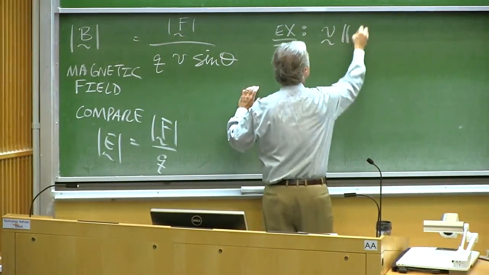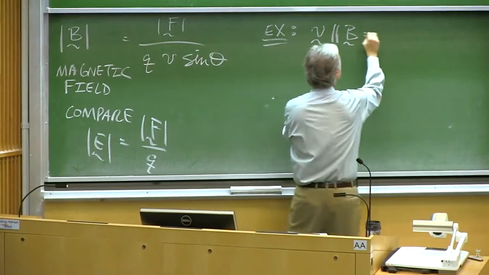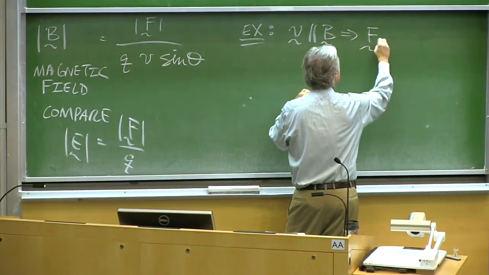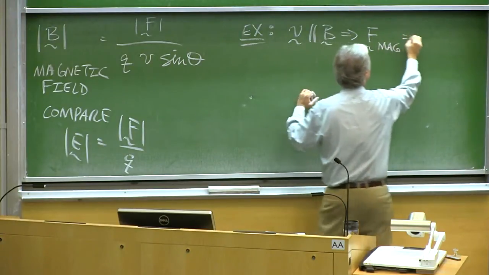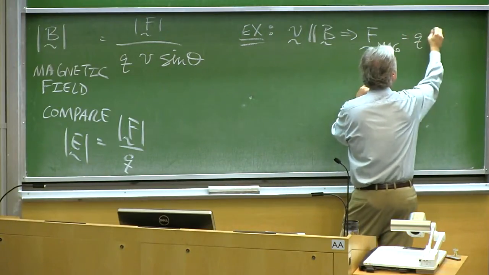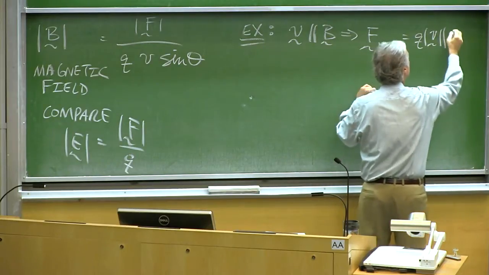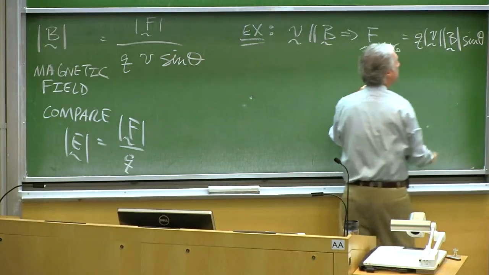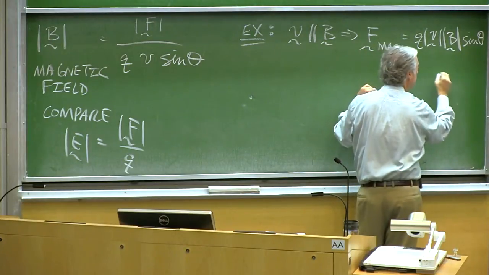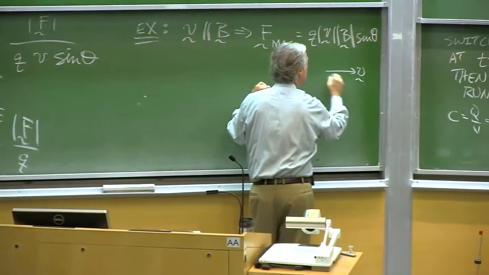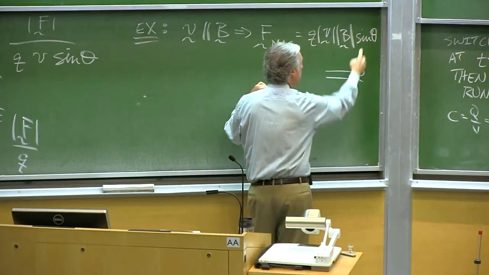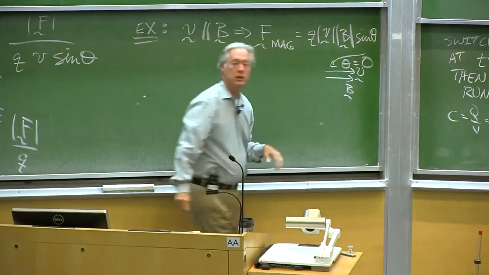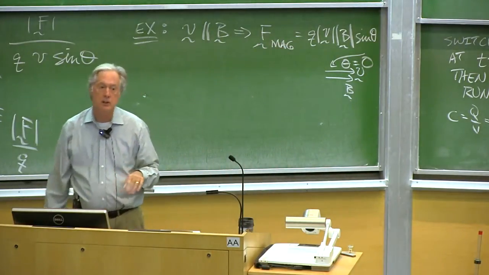V parallel to B. Then F from the magnetic field has Q, magnitude of V, magnitude of B, sine of the angle between V and B. This is V and B, then theta is 0. What's the sine of 0? 0.